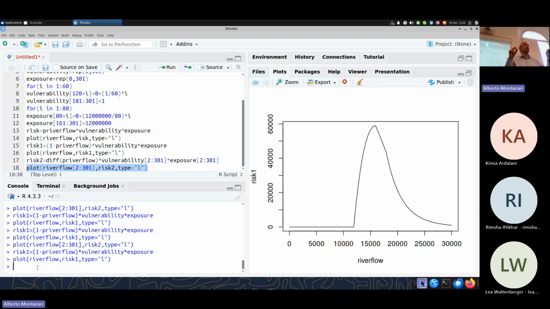So it means that every year in that place, I get an expected damage of 0.6 millions of getting a river flow that is 15,000 or higher. Okay, good. Now, if I take instead the density, of course it is lower the damage because it's only the value of the expected damage for a river flow of 15,000. But in the same year, it may occur a river flow of more than 16,000. Therefore, the damage is higher.